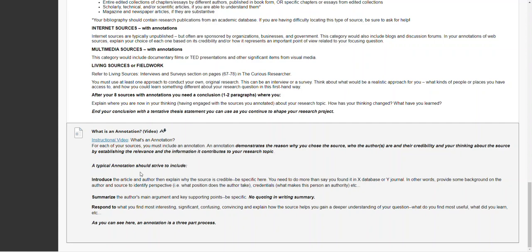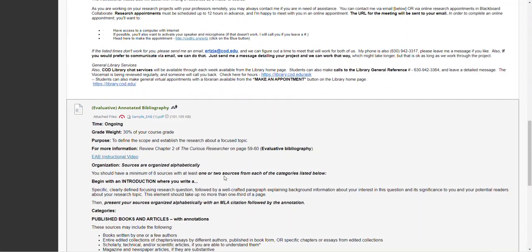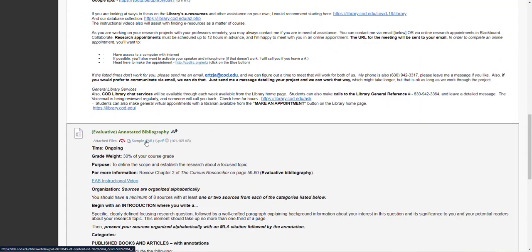A large percentage of the annotated bibliographies that are submitted are really lacking in the annotation department. I'm pretty clear in my expectations on the annotation. It's a 3-part process: introduce, summarize, and respond to. It is clearly demonstrated in the example. The example is right here, the PDF. You can open that up and look at that example.